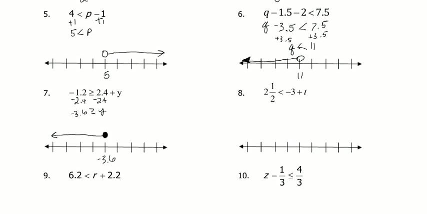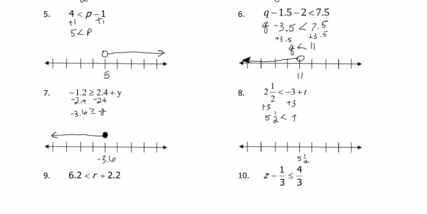Now, let's see. Number 8. We're going to go ahead and add 3 to both sides of this. And that's going to be 5.5 less than t. So we put 5.5 in the middle with an open dot.